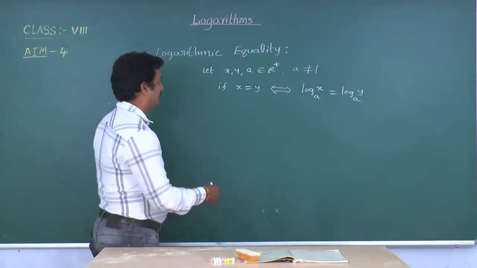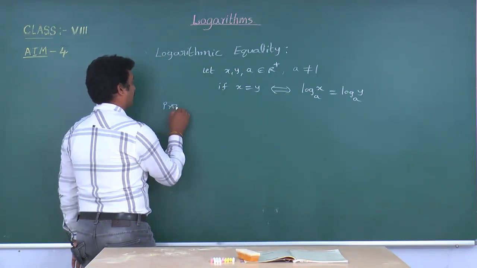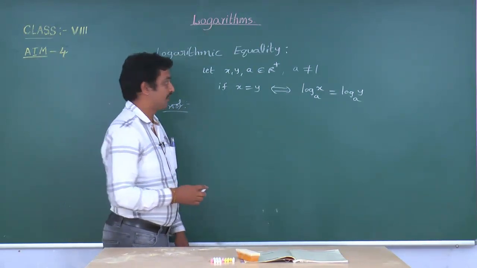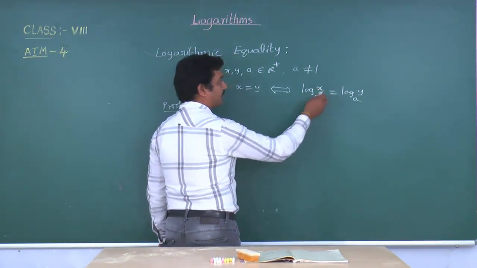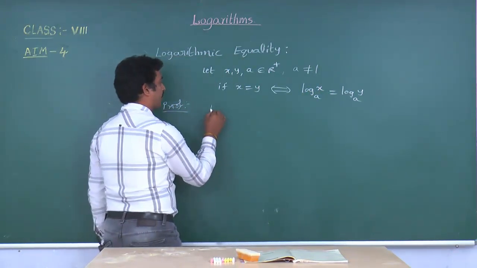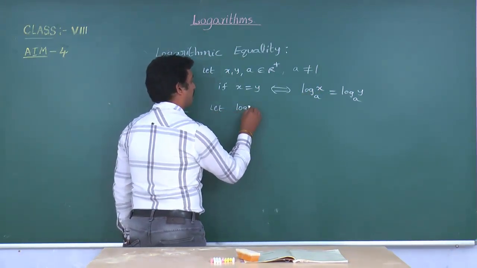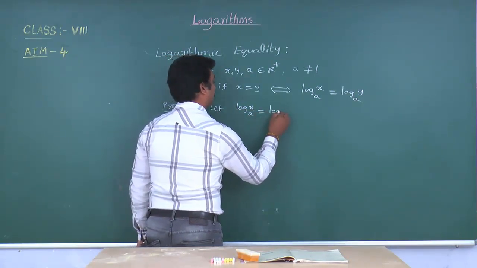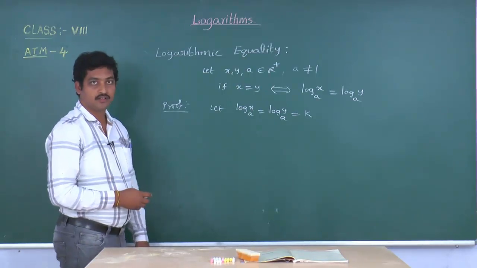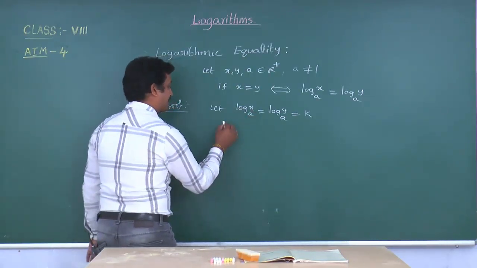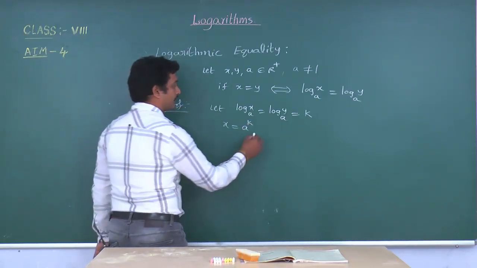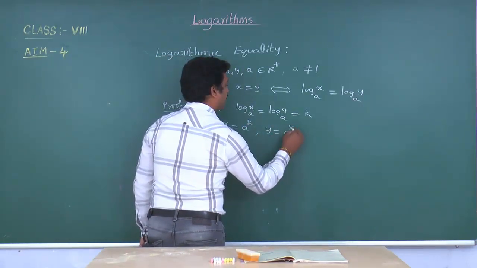Now, proof. How to prove this one? Let log x to the base a is equal to log y to the base a is equal to k. Then write it in exponential form. x is equal to a power k, y is equal to a power k.